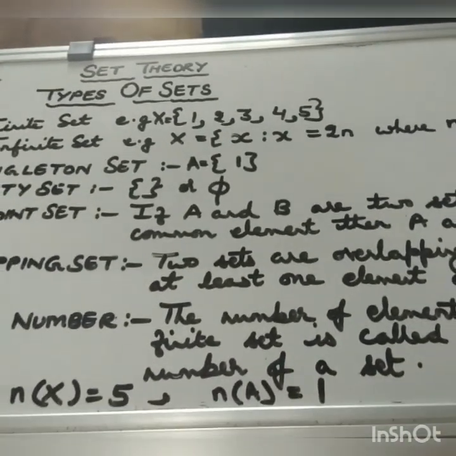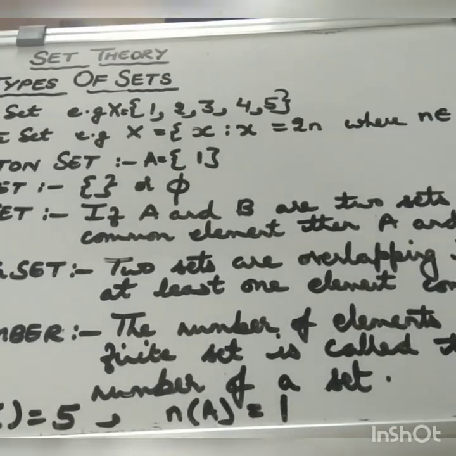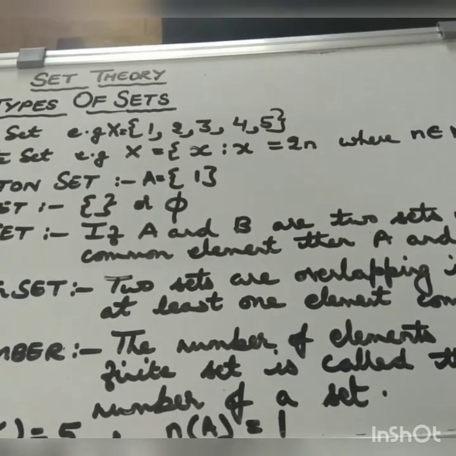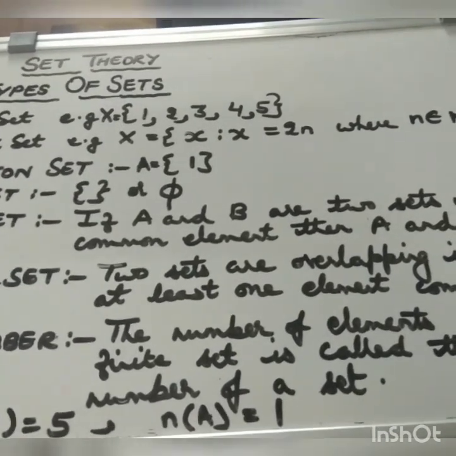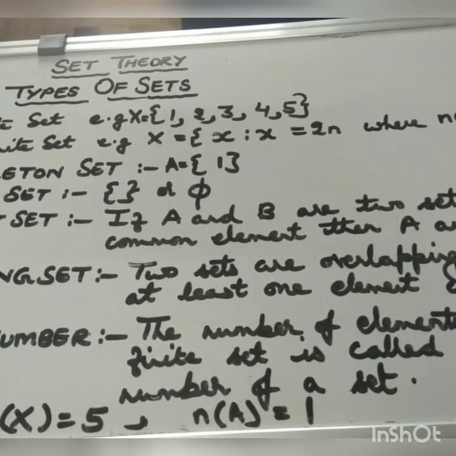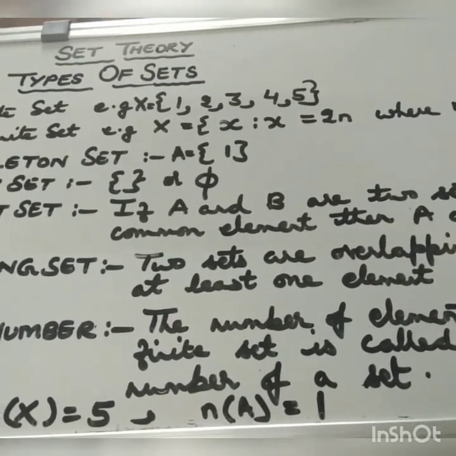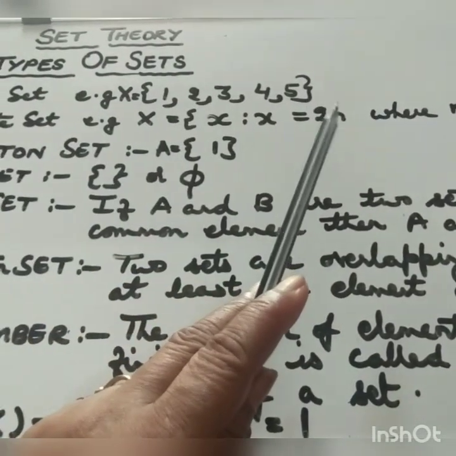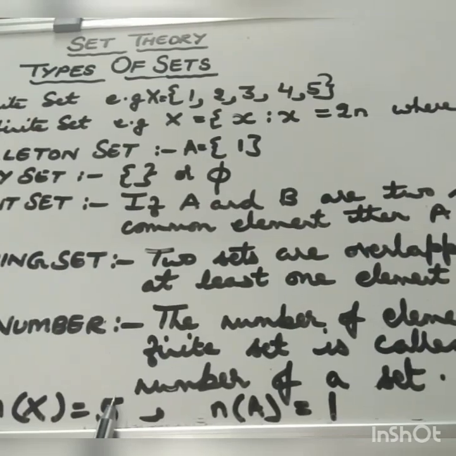Now, cardinal number of a set. What is cardinal number? It's very important. Number of elements present in a finite set is called the cardinal number of a set. That means when you can count the number of elements present in a set, we call it cardinal number, and we represent it by small n. For example, x is having 1, 2, 3, 4, 5, finite set, so n of x is equals to 5.